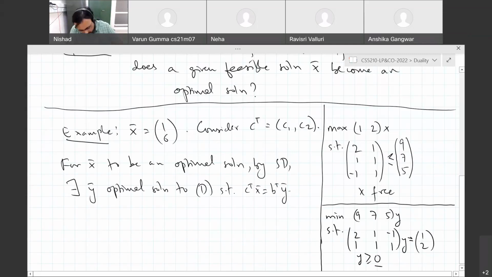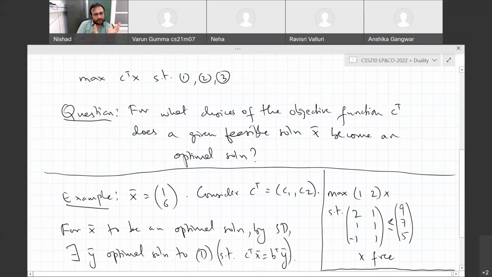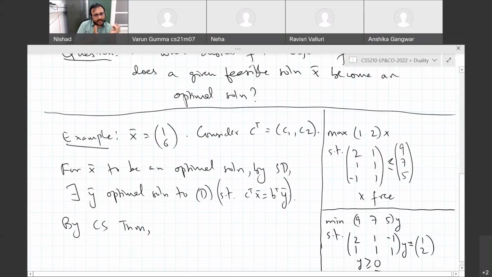Right? But we are not going to actually make use of this part. I actually want to make use of complementary slackness. So by complementary slackness conditions, what do we get? Because if they both are optimal solutions, they both need to satisfy the complementary slackness conditions.